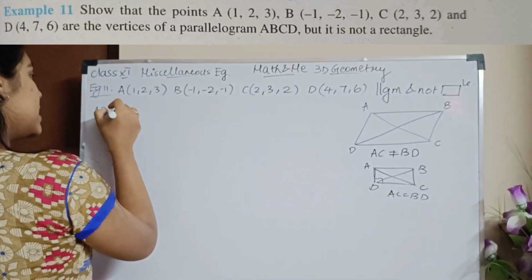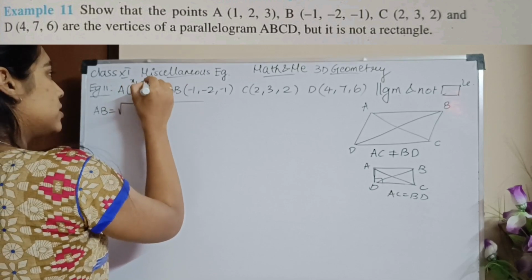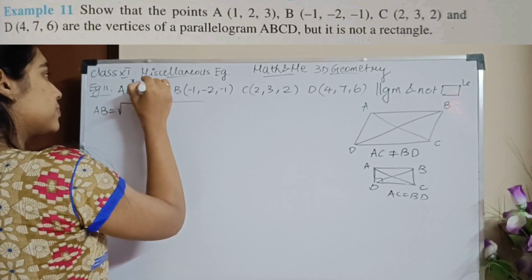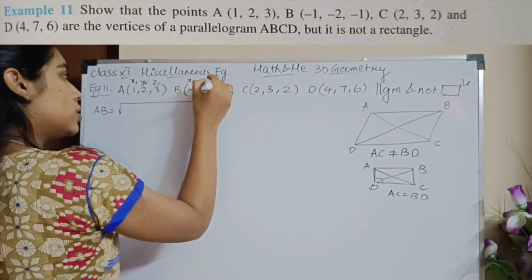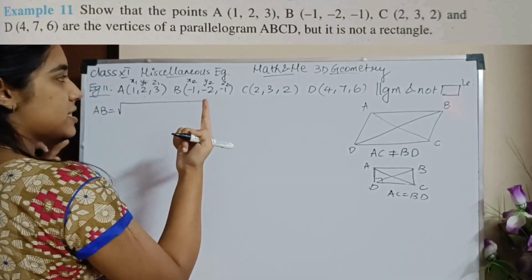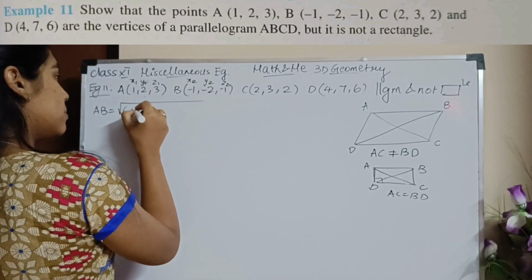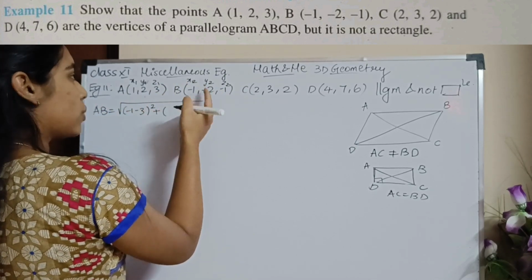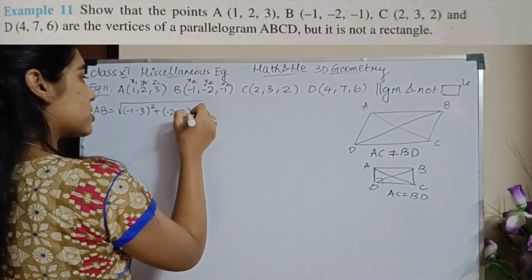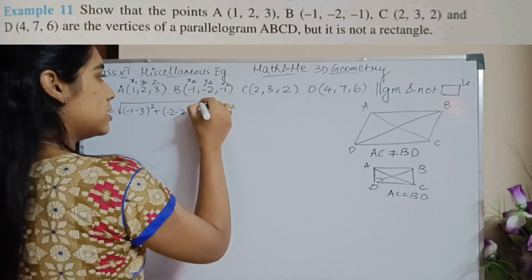So AB is square root of, so this is x1, y1 and z1, x2, y2 and z2. So what are my values? What is the formula, distance formula? z2 minus z1 the whole square, which is minus 1 minus 3 the whole square plus y2 minus y1, so minus 2 the whole square plus minus 1 minus 1, minus 1 minus 1 the whole square.